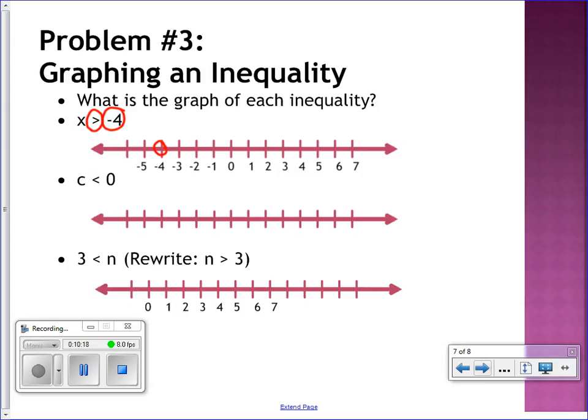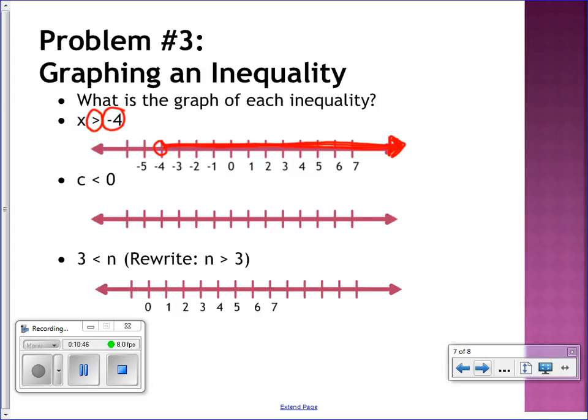It is not equal to -4, but greater than -4. Greater than means that we go to the right. All the numbers that are greater than -4 will be all these numbers right here. And then we'll put an arrow on it to show that that continues to infinity. All right? So there's an infinite number of numbers that are greater than -4.